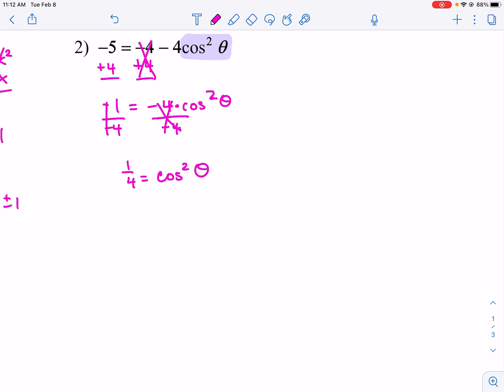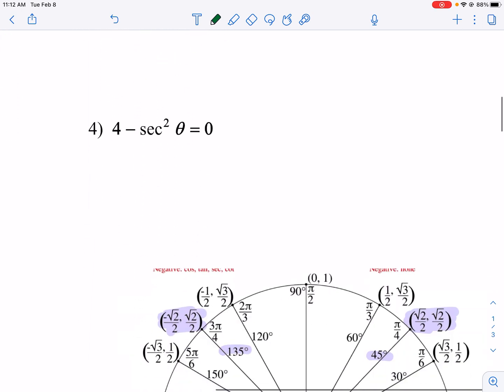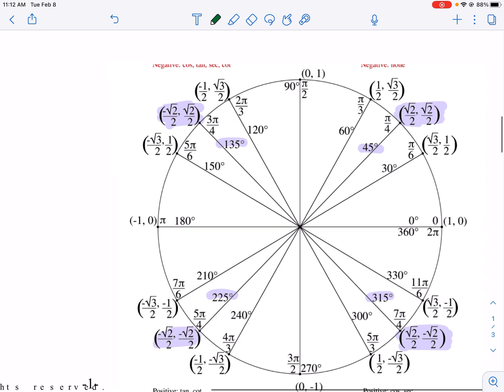When I go to solve that, I want to take the square root. And when you take the square root of a fraction, you essentially want to take the square root of the top and the bottom. So the square root of 1 is 1. The square root of 4 is 2. Put my plus minus in front. And now I have cosine theta. So cosine, remember, is x. So I'm looking for where x is 1/2 on the unit circle.